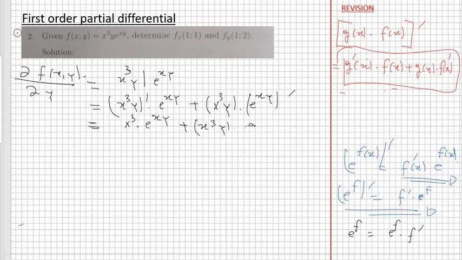So you repeat e to the power of the function, which is xy, and then multiply it by the derivative of the function xy. But when it comes to deriving this function, you need to make sure that you are deriving with respect to y, meaning that you're going to treat x as a constant.